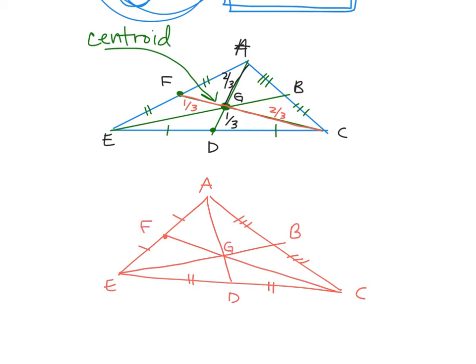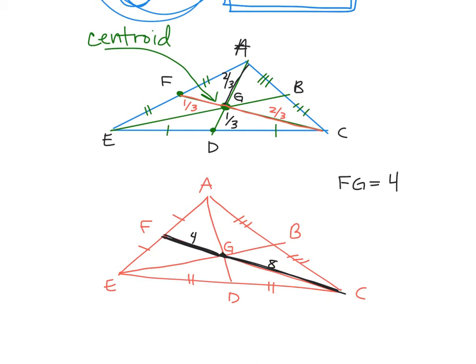Okay, what if I tell you right now that FG has a length of 4? So this length right here is 4 units long. That's 1/3 of the whole median. So what would GC be? If this is 1/3 and this is 2/3, you're just doubling, right? So this would be 8.